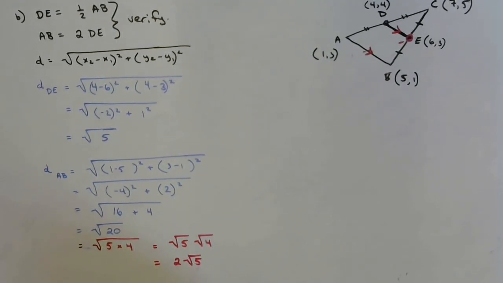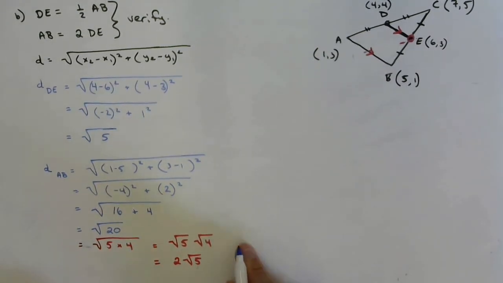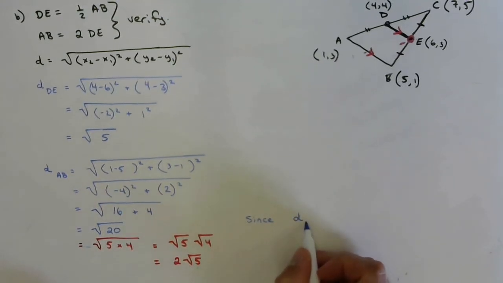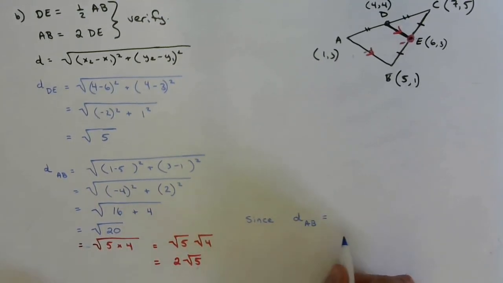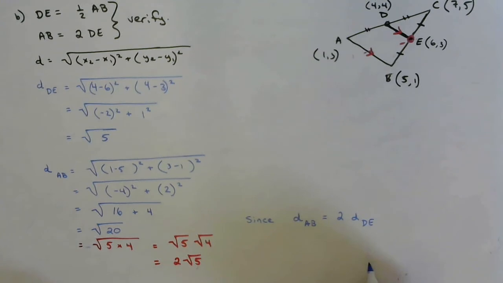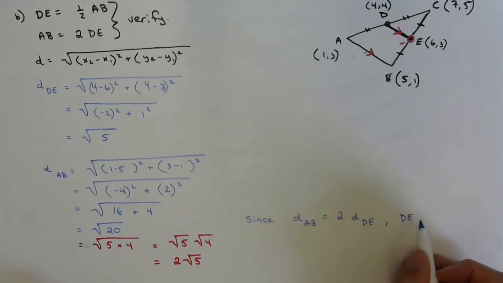Was it 2 to 1? Is it twice as big? Yeah. Therefore, let's do a little since. Since the distance from AB is equal to 2 times the distance of DE, since that's true, DE is equal to 1/2 of AB.